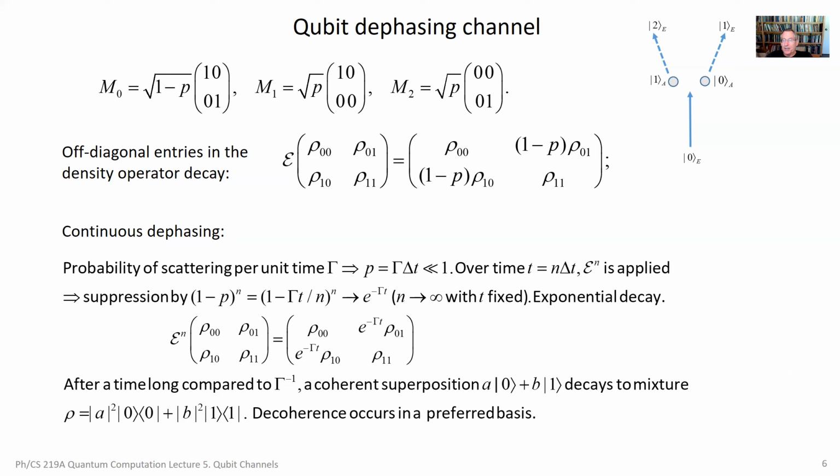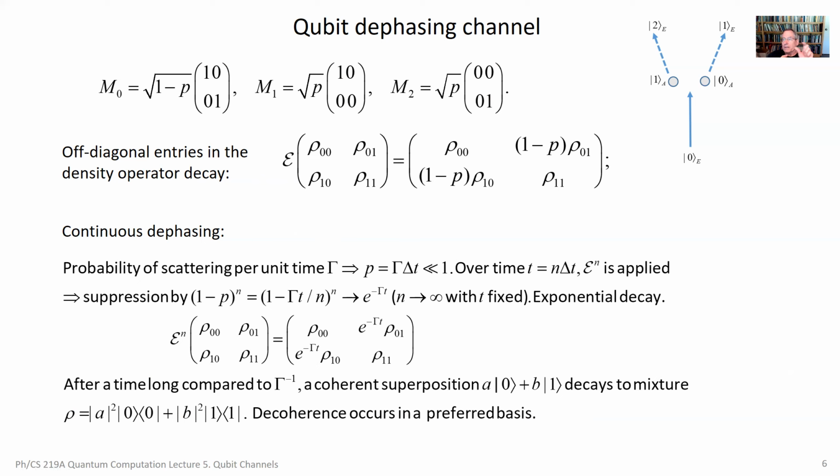So let me think about that this way. There's a number p, which we saw we could think of as the probability that a scattering occurred when the photon encounters the dust grain. But because there are many photons encountering the dust grain one after another, let's think about that as a probability per unit time.